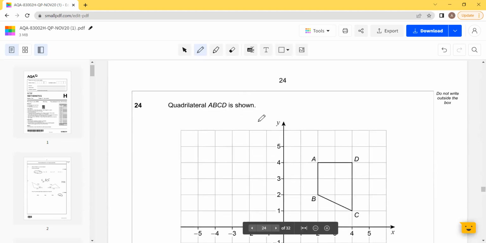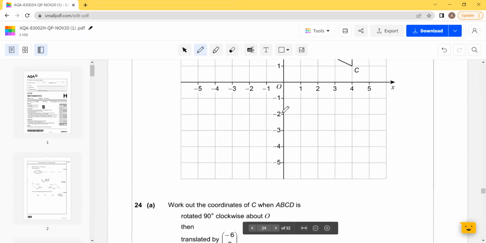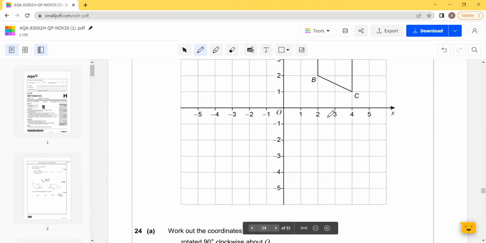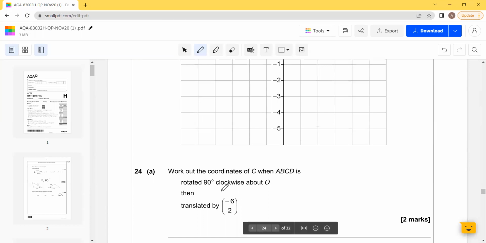Question 24. Quadrilateral ABCD is shown. Work out the coordinates of C when ABCD is rotated 90 degrees clockwise about O. So this is O, and we want to know what happens to point C after it's rotated 90 degrees clockwise about O, and then translated by minus 6, 2.